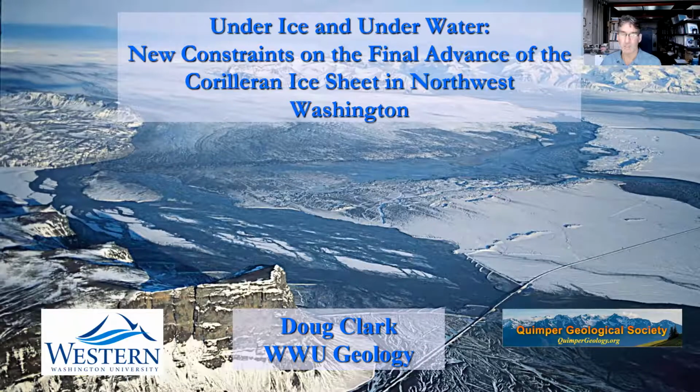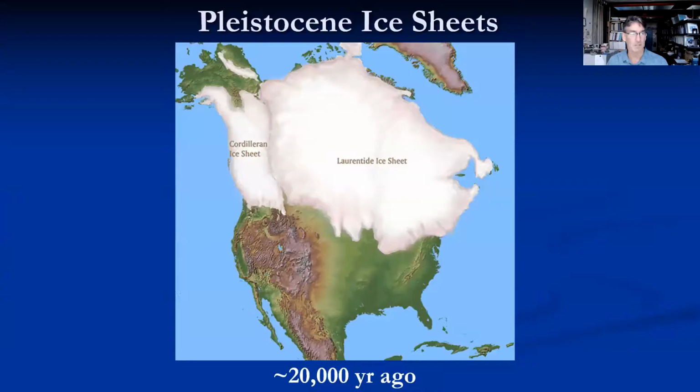It's sort of a confusing time period in many ways, and so there are some heated debates about what happened up in our neck of the woods during this last glacier advance up here. So we'll talk about that today, and it's got a lot of moving parts in it, and I'm going to try and keep it as simple as possible, so it's fairly comprehensible to people who are just seeing it for the first time.